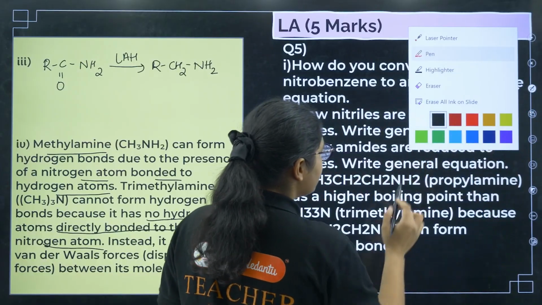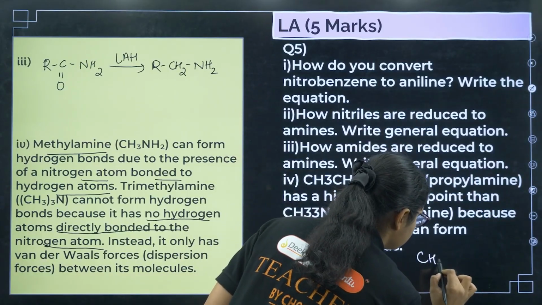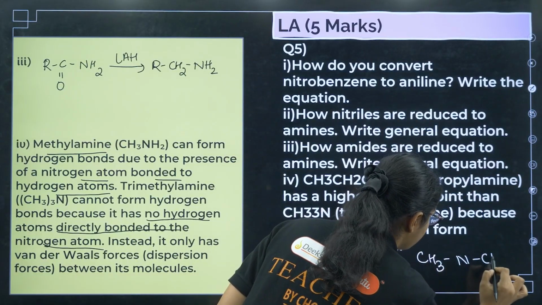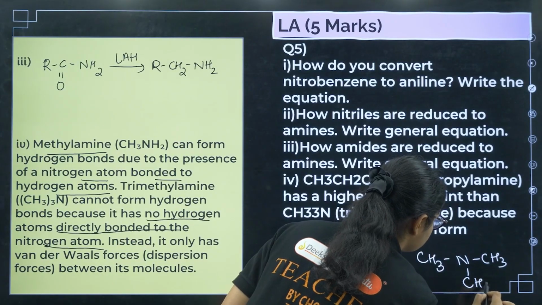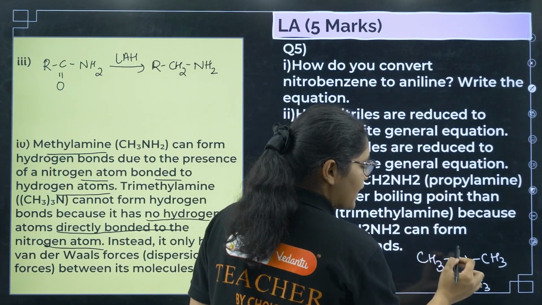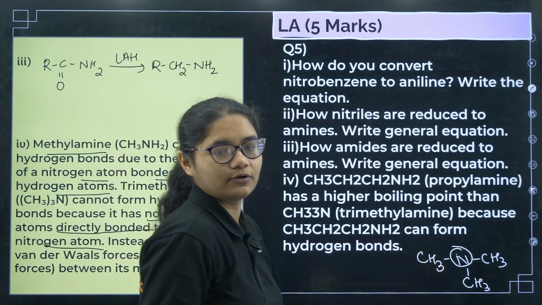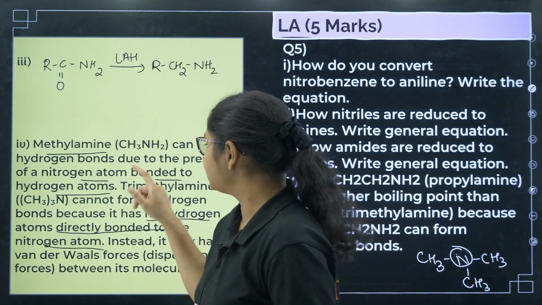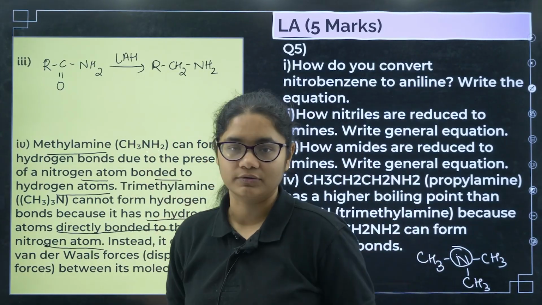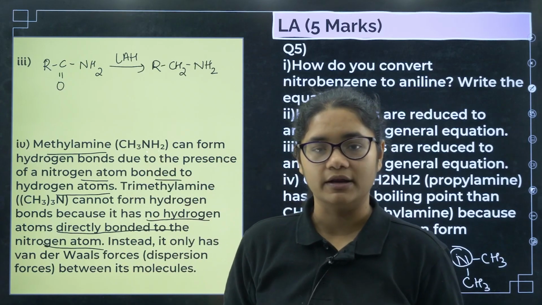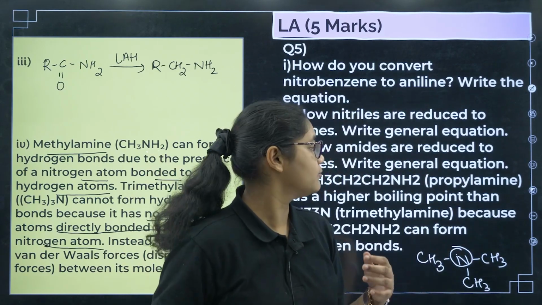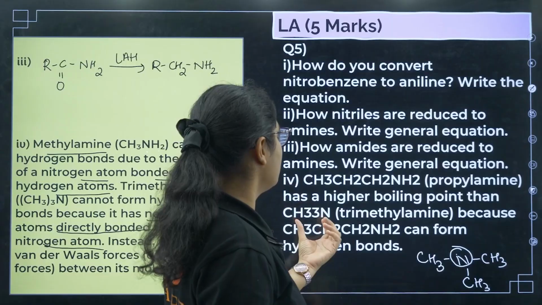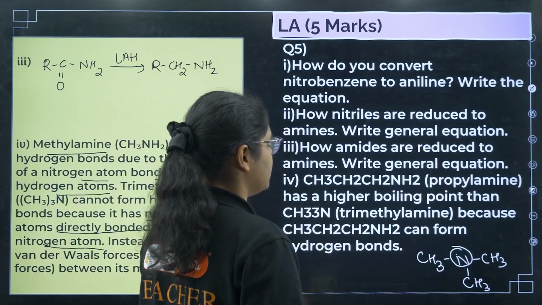In trimethylamine the structure is CH3, N, CH3, CH3, so there is no hydrogen attached directly to the nitrogen and it cannot form hydrogen bonding. But here hydrogen is directly attached to nitrogen, so it can form hydrogen bonding. If it can form hydrogen bonding, the boiling point will definitely be higher.